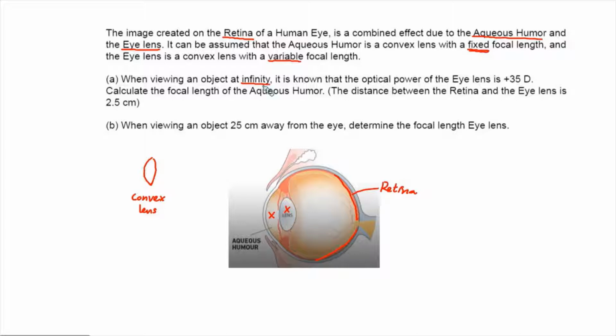So you place an object far away from the eye, practically at infinity. It is known that the optical power, usually denoted by an uppercase P, of the eye lens is plus 35 D. This symbol D stands for the SI unit of optical power, called diopters.